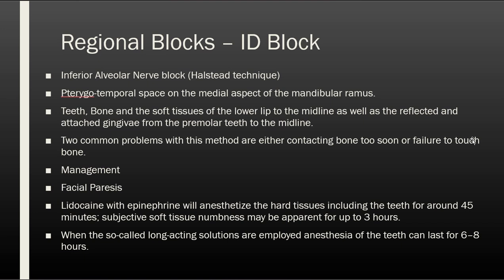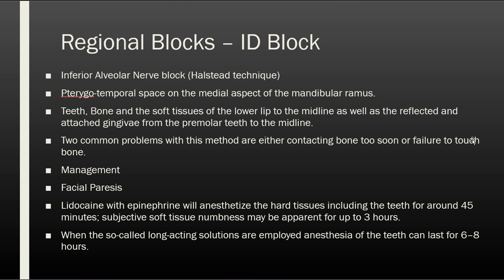The most common problems: either we contact bone too soon and this will give us failure of the anesthesia, or going too posterior and this will cause facial paralysis because we entered the parotid duct. We went more superior. Okay?